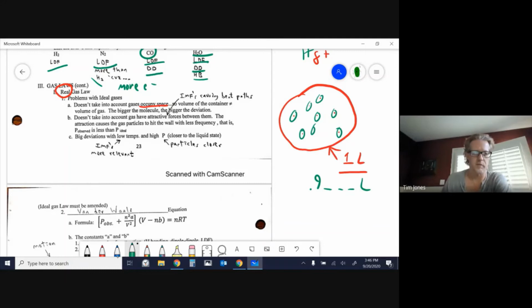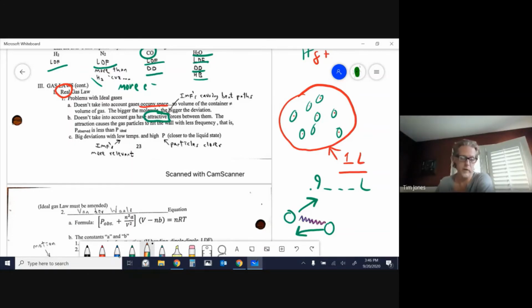Second thing we have to account for is that the gas particles actually have attractive forces between them due to intermolecular forces. What we assume is that as a gas particle is moving like this, and another gas particle is moving like that, we assume that these two particles don't really have any sort of attraction or repulsion or anything. We just pretend they don't even really see each other in here.